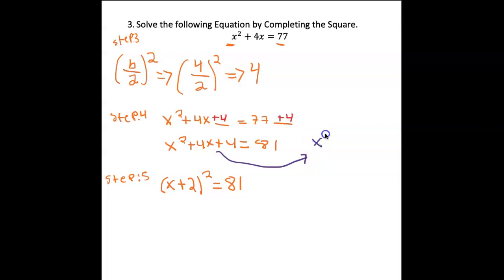I'm going to take the x squared plus the 4x plus 4, and I'm going to factor it. Factors of 4 that add up to 4 and multiply to 4 is 2 and 2. So I'm going to go ahead and rewrite this. x plus 2 and 2. Notice how the two terms are the same. So I can go ahead and just rewrite it like this, which is what we have on the left side now. So the left side becomes a perfect square trinomial.